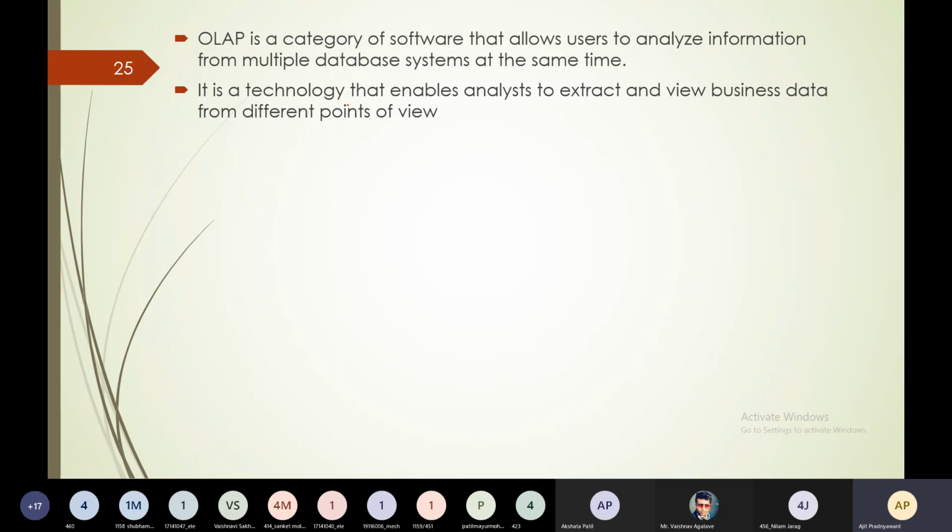It is a technology that enables analysts to extract and view business data from different points of view. What is meant by extract and view business data? We will see in detail in coming lectures, so that you get a detailed idea of how OLAP helps analysts extract and view business data from different points of view.